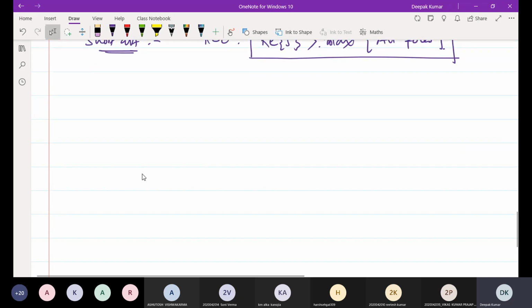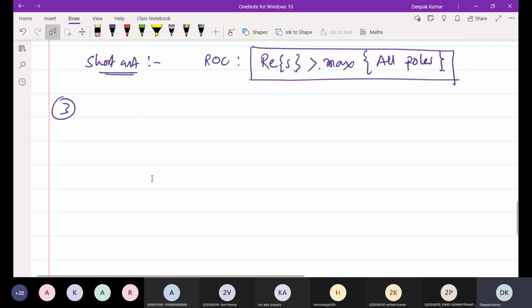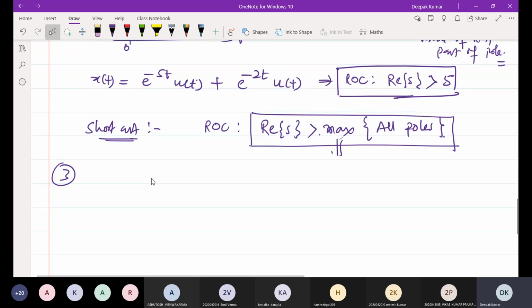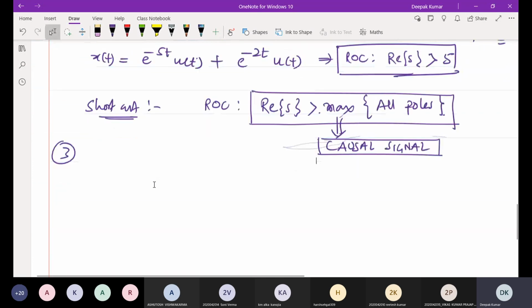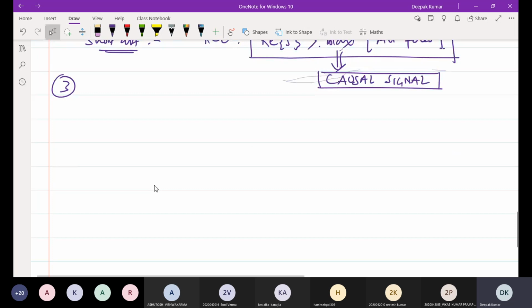Another property is when x of t is a left-handed signal. For simple, this example was of a causal signal. And left-handed means non-causal signal, anti-causal signal.